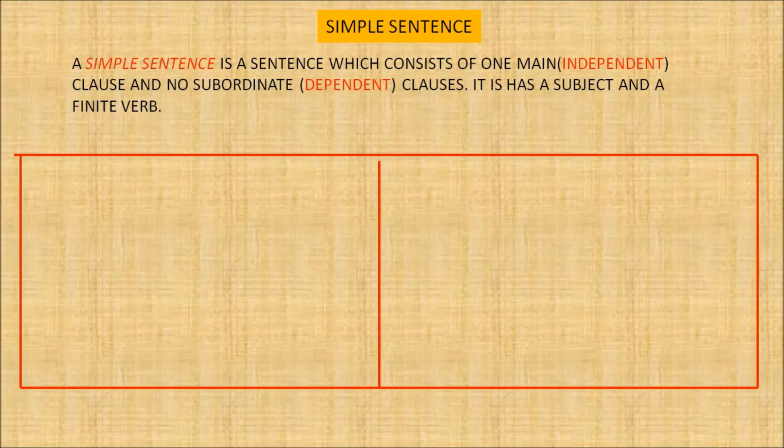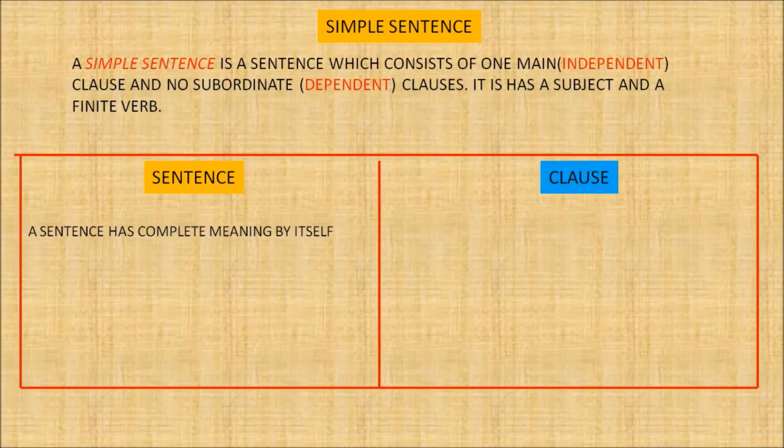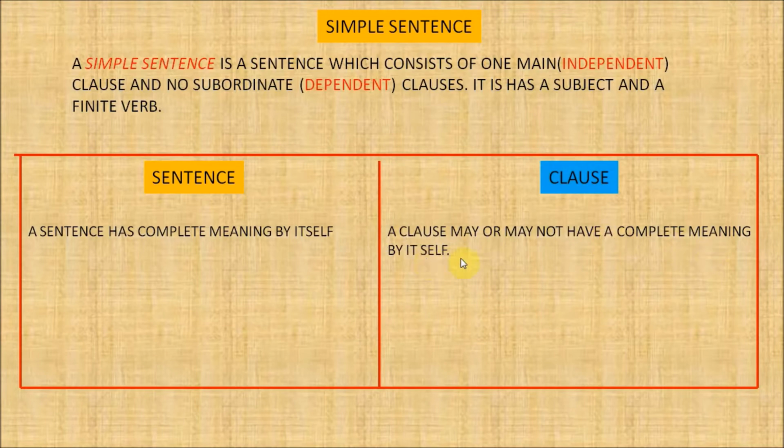A sentence and a clause have a few points in common. To distinguish between a sentence and a clause, let's look at this column. Sentence. A sentence has complete meaning by itself. On the contrary, a clause may or may not have a complete meaning by itself.